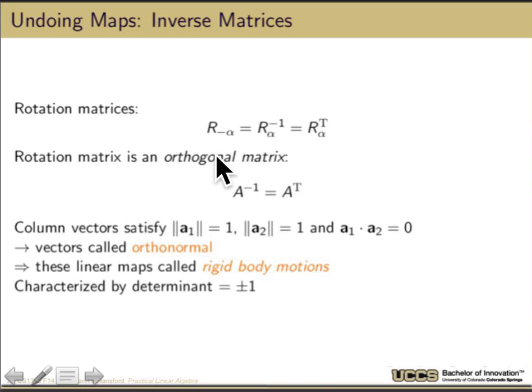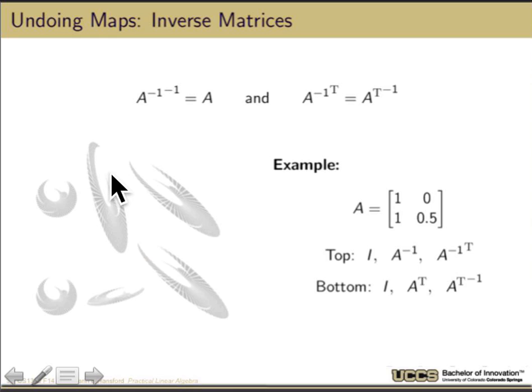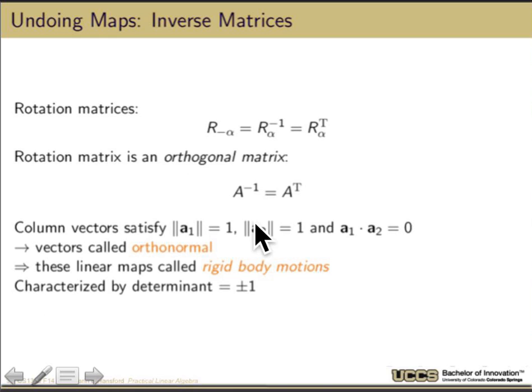All rotations are orthogonal, but not all orthogonal transformations are rotation matrices. An orthonormal matrix has a special property: the length of each of its columns is 1, and the dot product of its columns is 0.